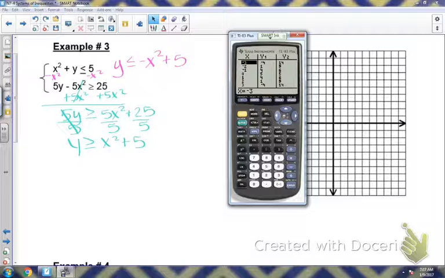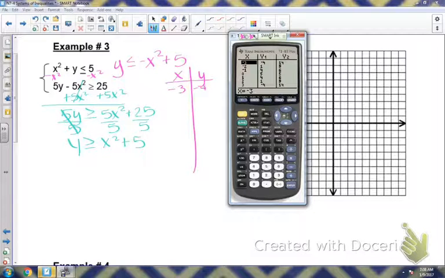Y1 is your first one, Y2 is your second one that you plugged in. So I'm going to look at this first one. We'll go -3, -4, -2, 1, -1, 4, 0, 5, 1, 4, 2, 1, and 3, -4.